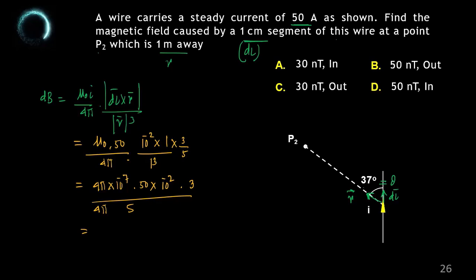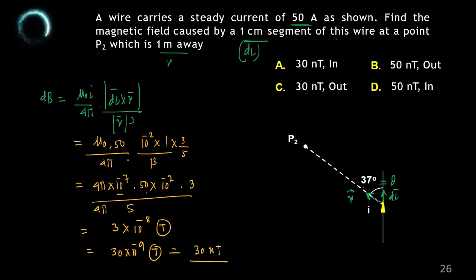So 3 into 10 to the power minus 7, minus 2 is minus 9, plus 1 from the 50, is minus 8. Okay. So 3 into 10 to the minus 8 Tesla. Now this can be written as 30 into 10 to the minus 9, that means 30 nanotesla. That will be the answer.